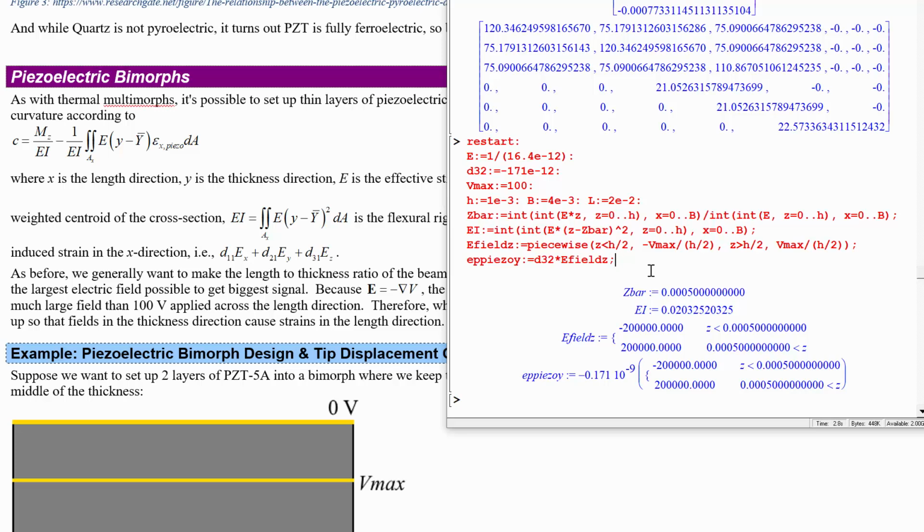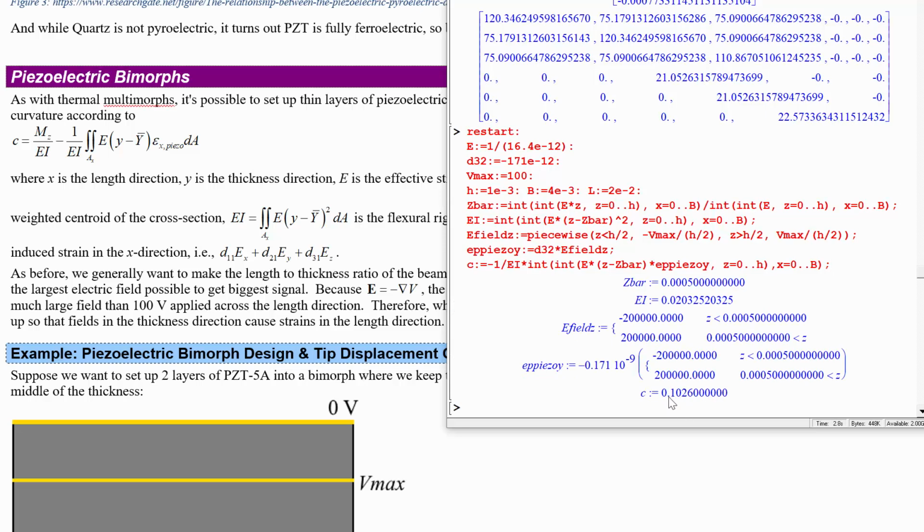Okay. Next, now we've got the curvature. C is equal to negative 1 over EI times the integral of E times Z minus Z bar, not squared this time, times epsilon piezo Y from Z equals 0 to H, and X running from 0 to B.